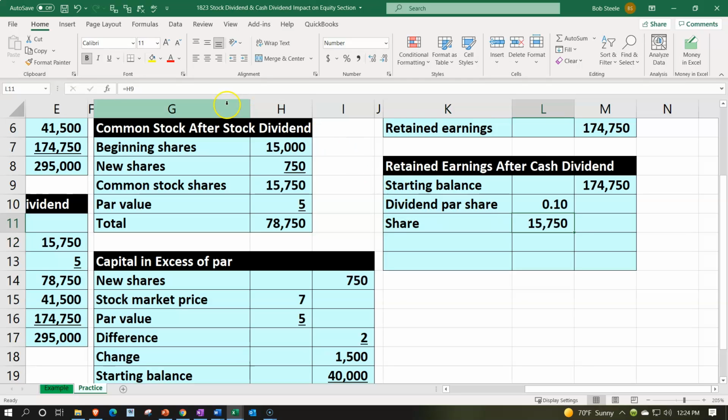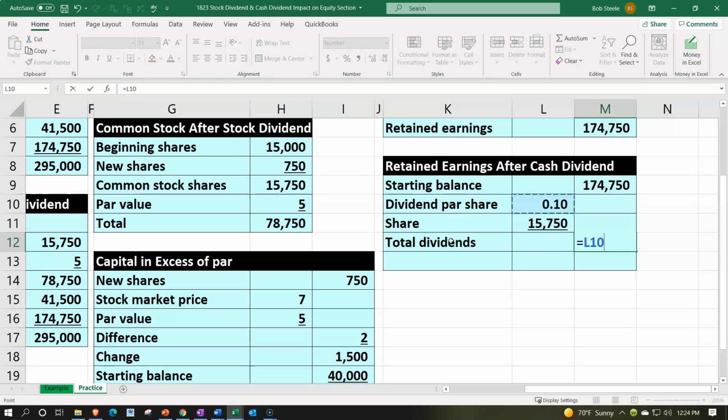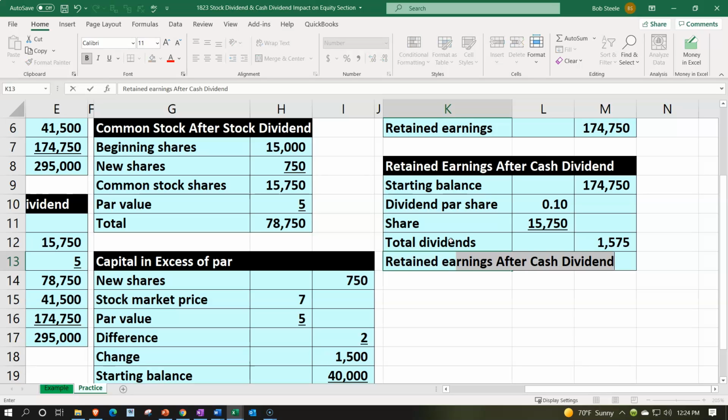Let's go and underline that, font group and underline. So 10 cents for the new shares. So we have the total dividends, which is going to be equal to the 10 cents times the 15,750 for the 1,575 to give us our new retained earnings after, but I'll just keep it there.